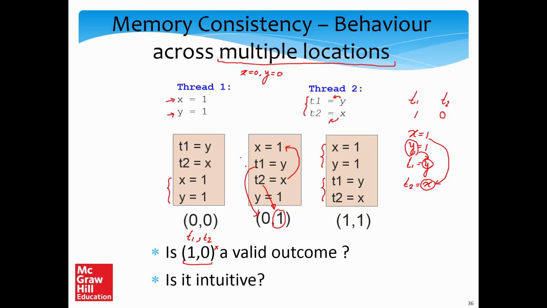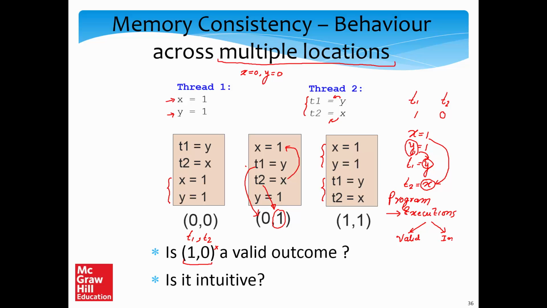So essentially what a memory consistency model says is that, given a parallel program, if we run it, it will have a set of executions, a set of ways in which it can execute. Theoretically it can have many types of executions, but some of the executions the memory consistency model says are valid and some are invalid.